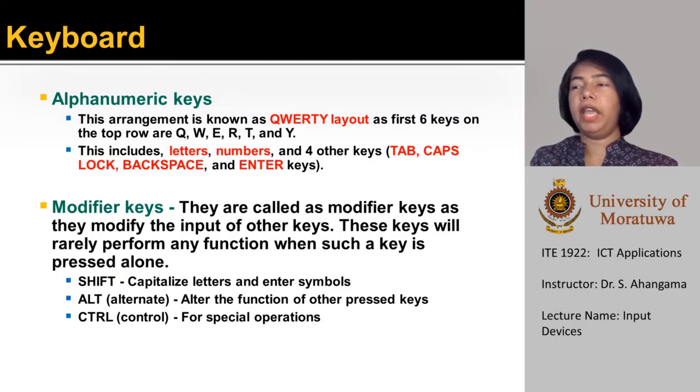When the Control key is pressed along with another key, we can perform special operations. For instance, Control plus C is used as a shortcut key for copying a file, directory, or highlighted text in a document.